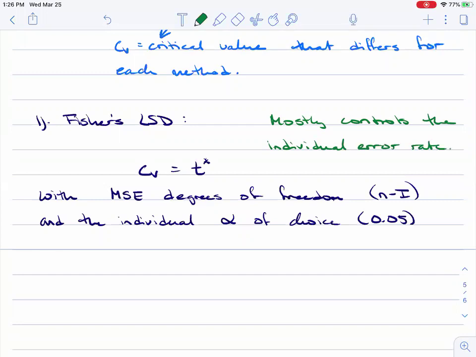We said, okay, if I'm doing all these comparisons, then I want to be able to control the individual error rate, right? And so I don't want to have an alpha level, so have a 0.05 probability of making a type 1 error every single comparison that I make, right? And so Fisher's LSD is one way that we can avoid that, right? Introducing that 0.05 level every single comparison that we do.